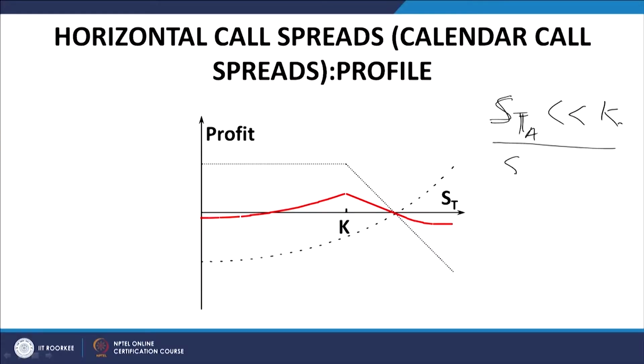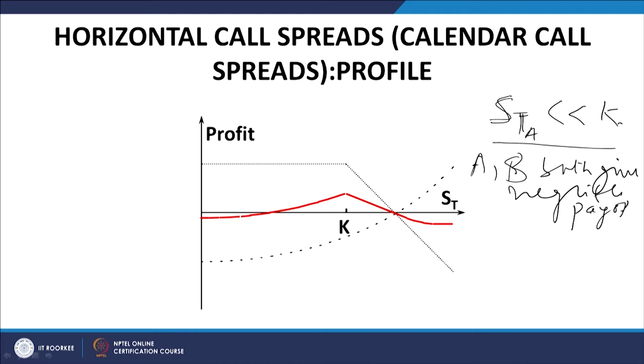In other words, the general perception embedded in the market would be that option B is likely to expire out of the money, and if that is so, then option B also gives you a negligible payoff. So, A and B both give negligible payoff in this region. Now, let us look at the other way around.